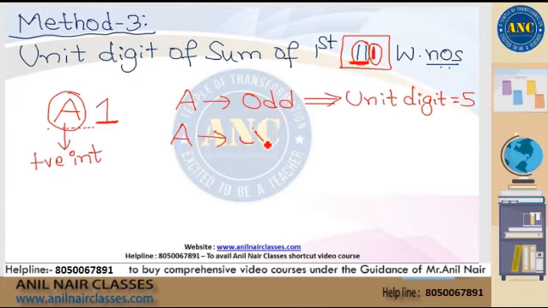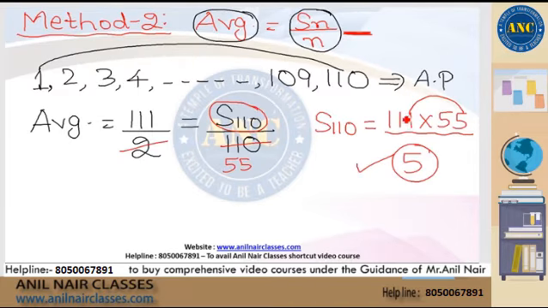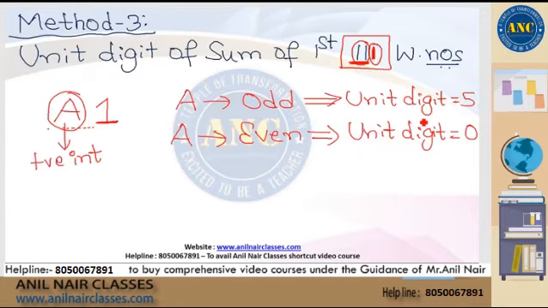Similarly, if the A value is an even number, I will definitely get the unit digit as 0. You can take any number and cross check yourself. If I take 121 instead of 111, then the unit digit becomes 0. You can check it out.